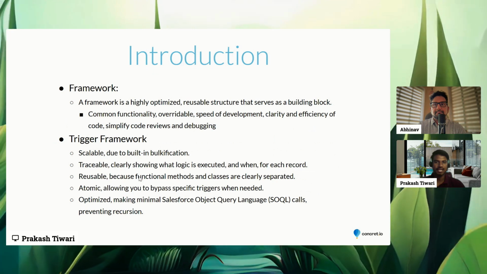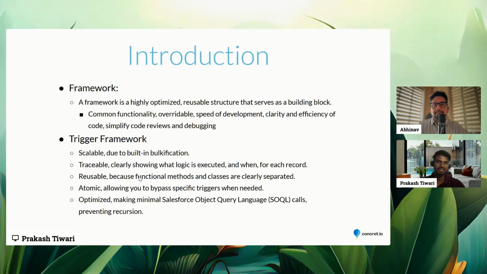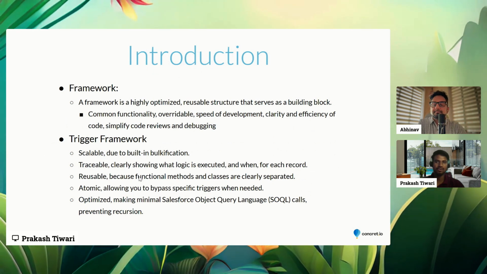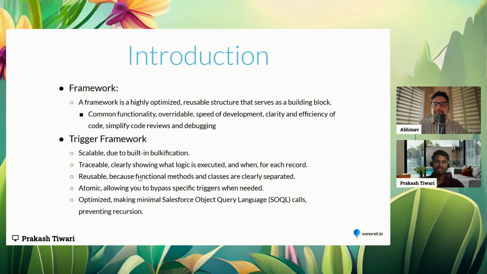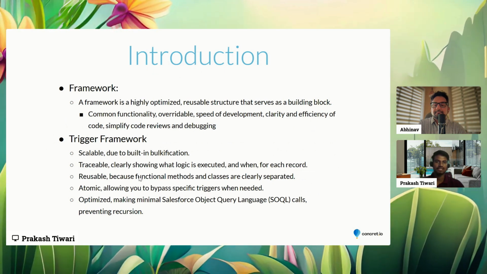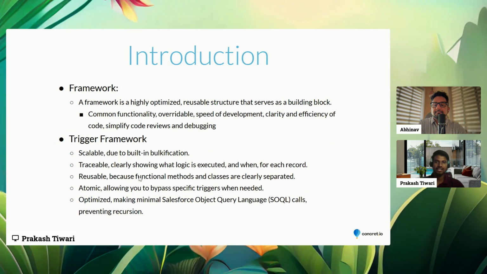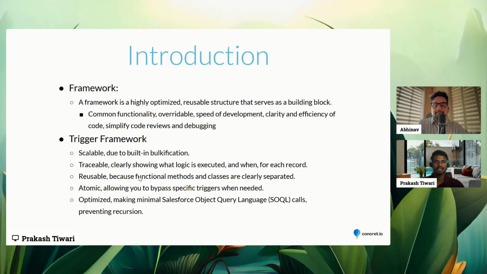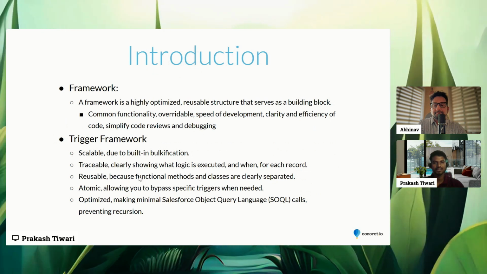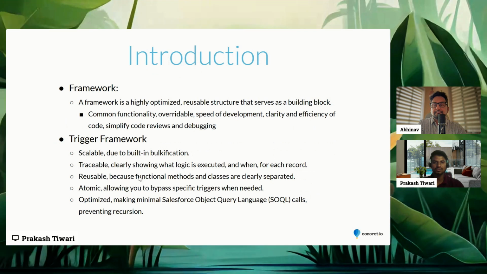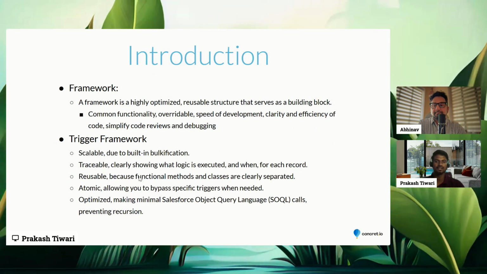A framework is a highly optimized and reusable structure that serves as a building block, and these building blocks provide common functionality that is overridable as well. As this common functionality is in a defined place, it increases the speed of development and comes with clarity and efficiency of code. It is also responsible for simplifying code review and debugging.